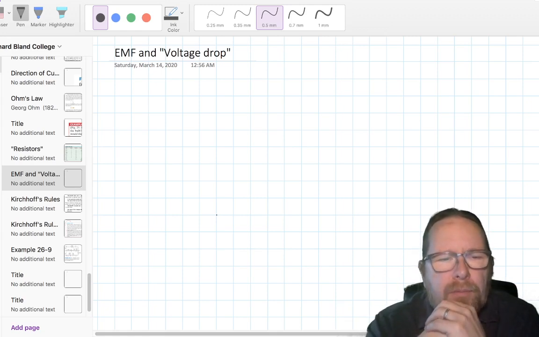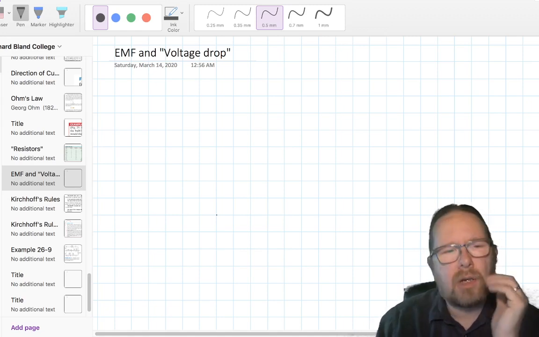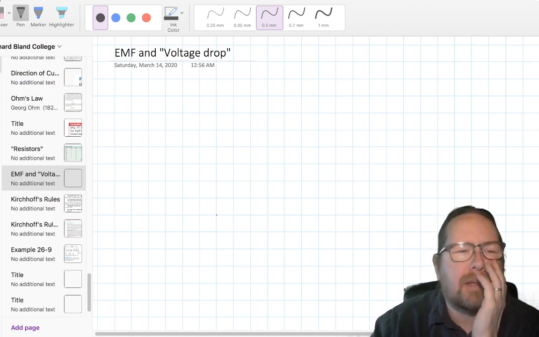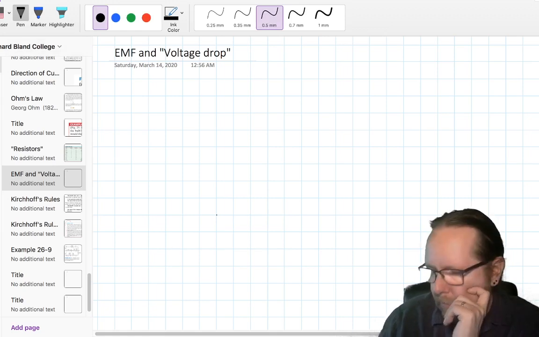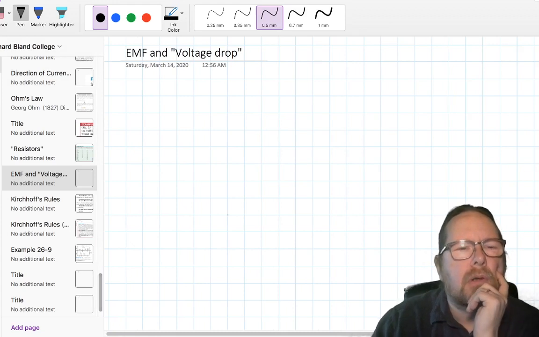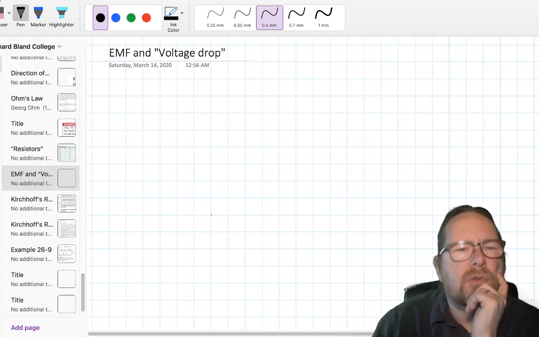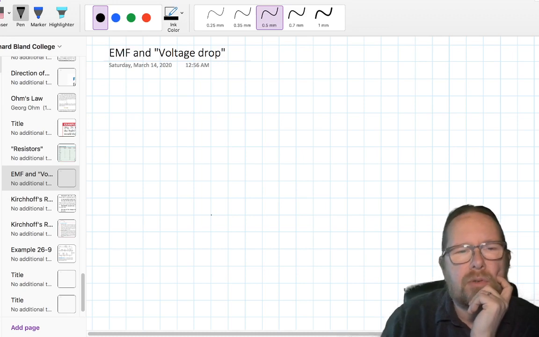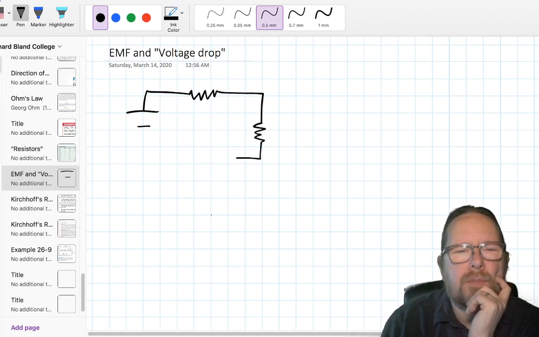And before we do that, we need to talk a little bit more about energy in an electrical circuit in general. Let me just really quickly make up an electrical circuit here. Suppose we've got a battery and a resistor and another resistor.